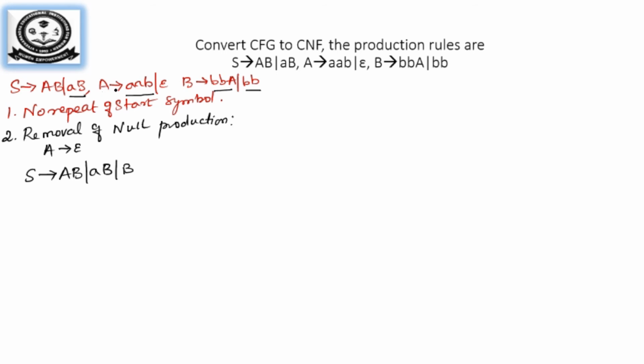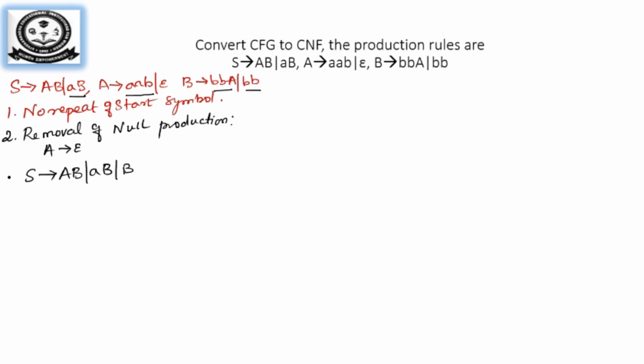Similarly, when you see the A production, you don't have a non-terminal capital A, but with B you can see it is having a non-terminal with small bb. When you replace capital A with epsilon, you will get only small bb, which is already there in your production itself, so there will be no change.